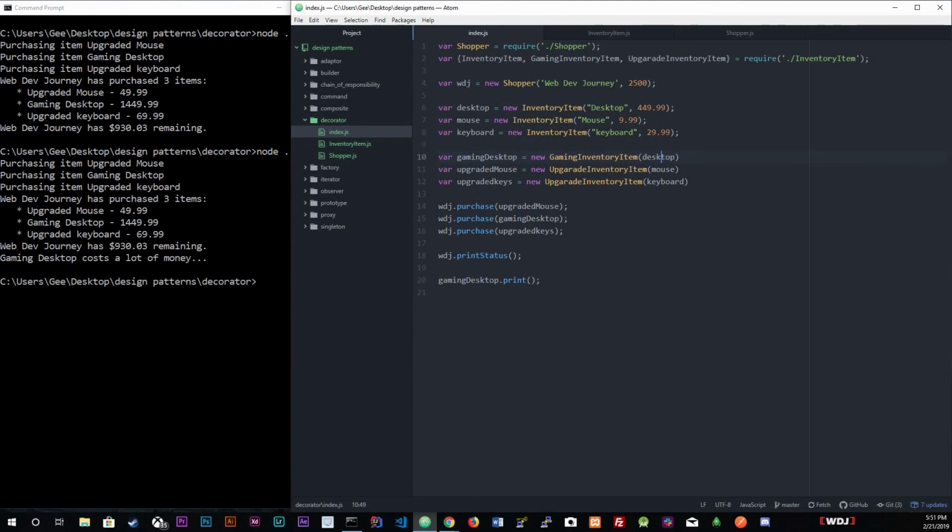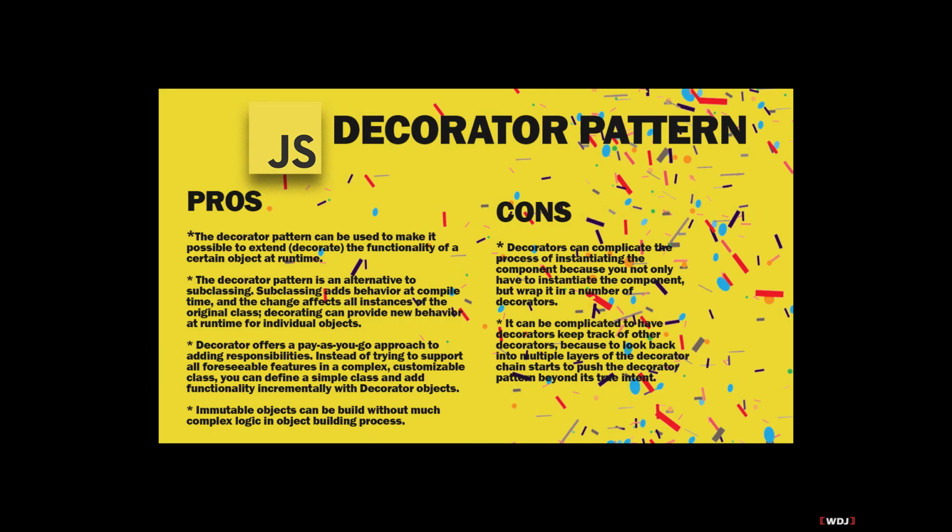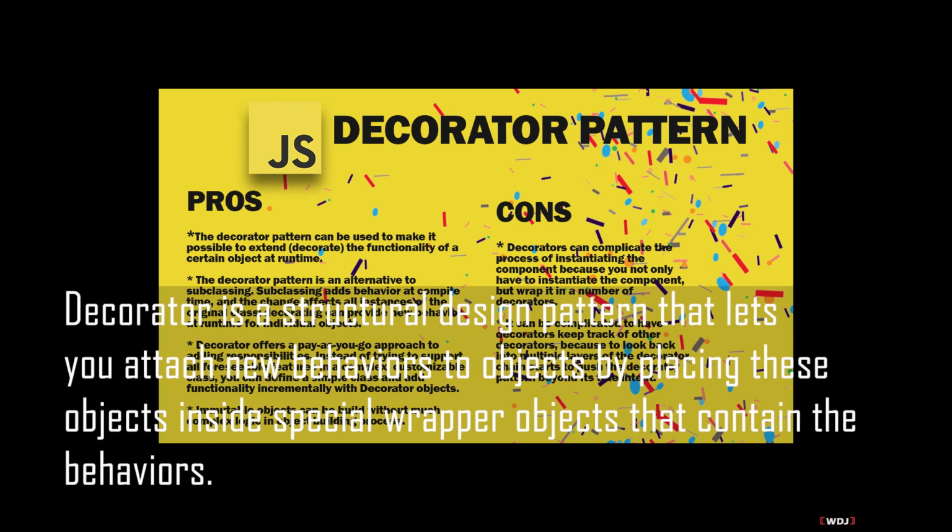Let's go to the pros and cons, and when would you use this, and then I'm going to talk about the summary of all this. So before we get into that, I wanted to summarize it at least. The Decorator is a structural design pattern that lets you attach new behaviors to objects by placing these objects inside a special wrapper that contains these kinds of behaviors or functionalities.